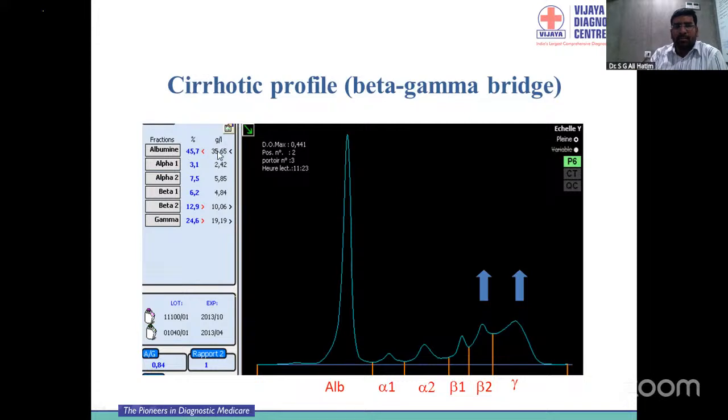Here if you can see the fractions, the albumin concentration is decreased, beta 2 and gamma are increased, and this is the bridge pattern. If at all you see any kind of bridging between beta and gamma, then it will be a cirrhotic profile. Along with the other parameters, you have to see in LFT, the liver enzymes, albumin concentration, and everything.